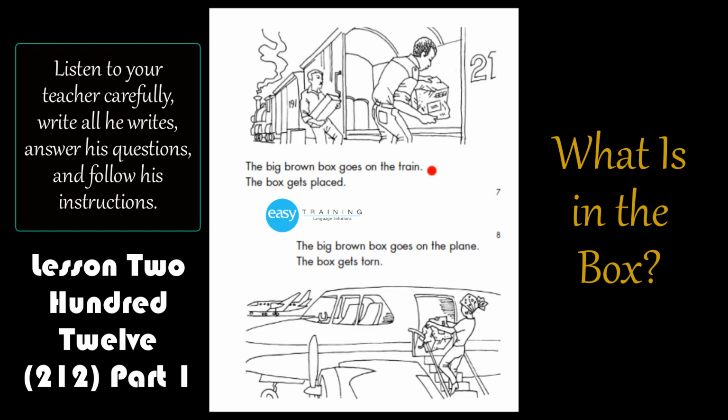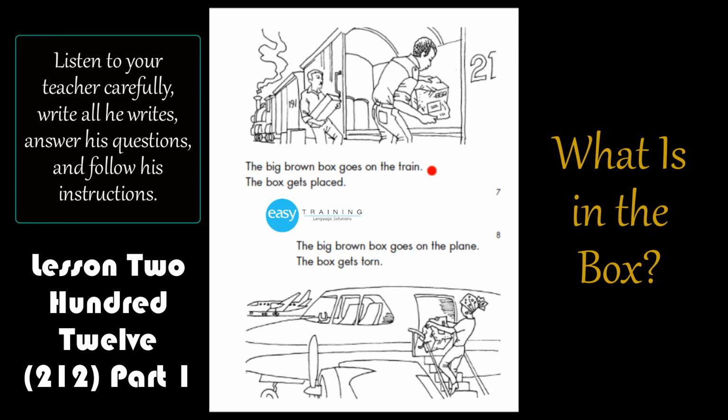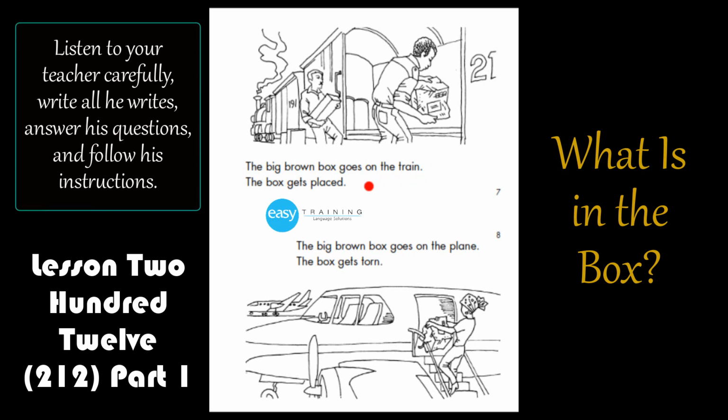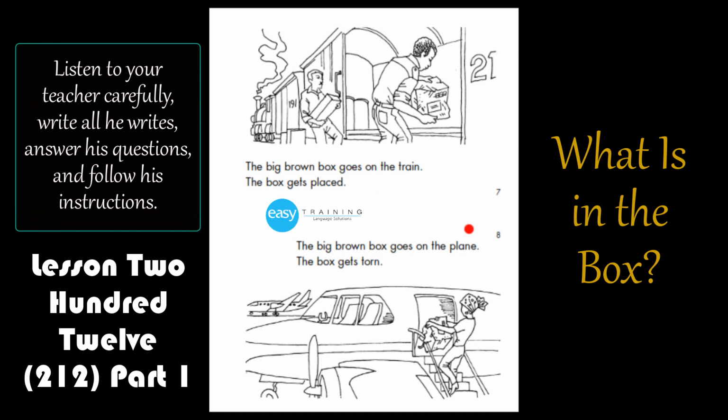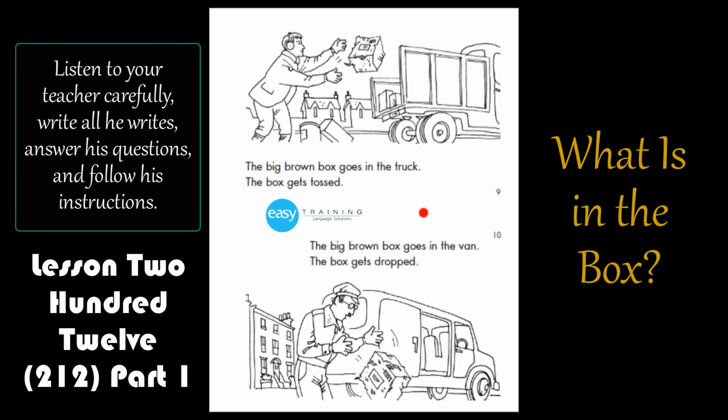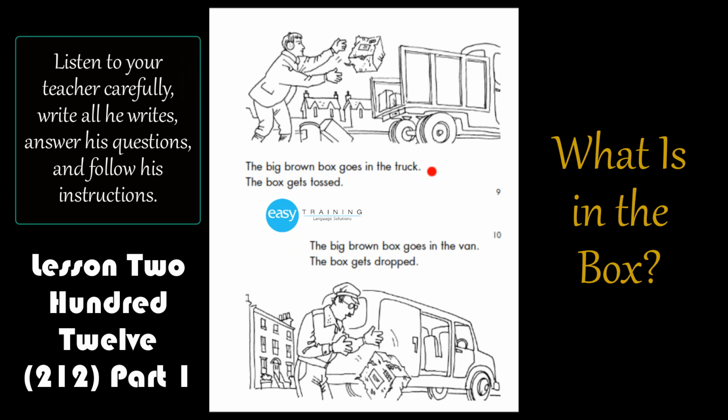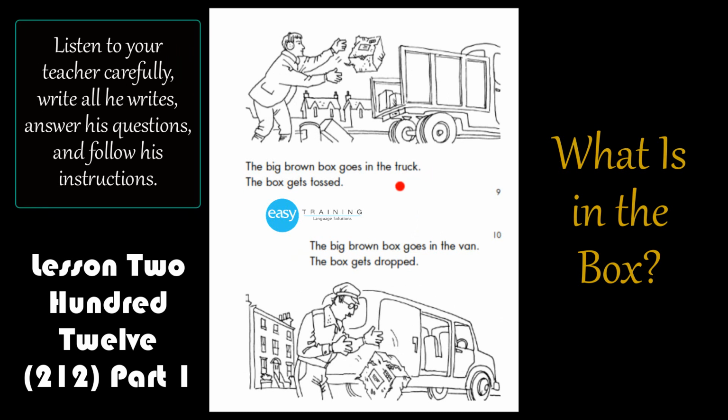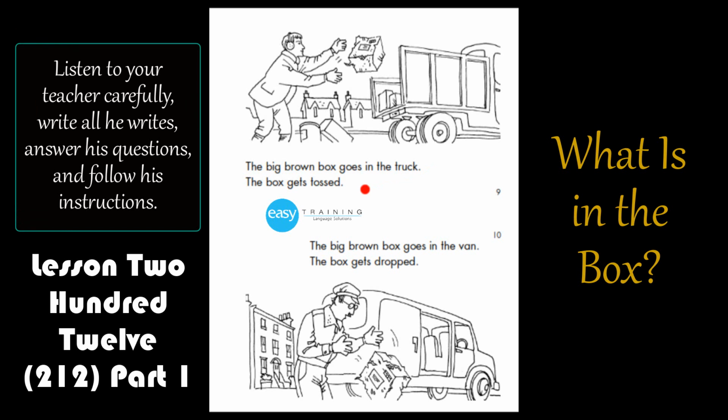The big brown box goes on the train. The box gets placed. The big brown box goes on the plane. The box gets torn. The big brown box goes in the truck. The box gets tossed. The big brown box goes in the van. The box gets dropped.